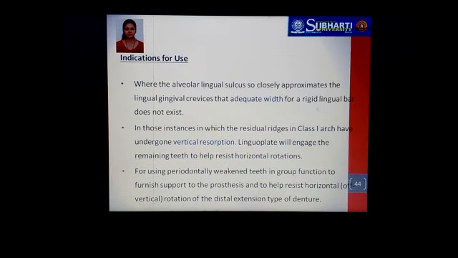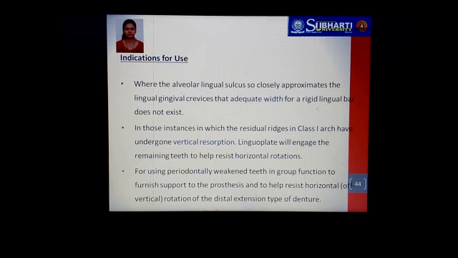So where can it be given? Because it is going to be in such intimate contact with the remaining teeth, it is given in cases where we have a limited depth of the sulcus. That is why we are extending it upwardly, not downwardly.